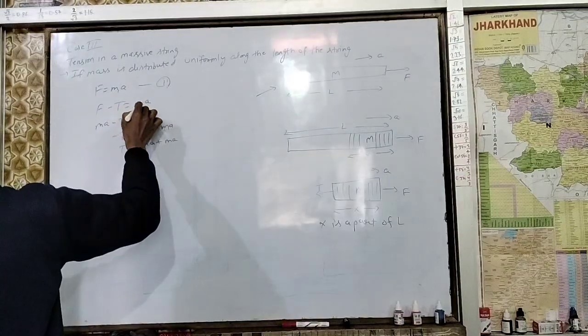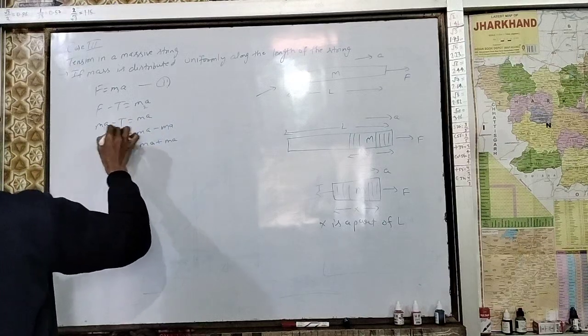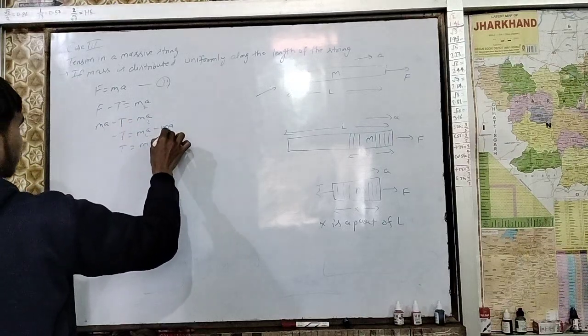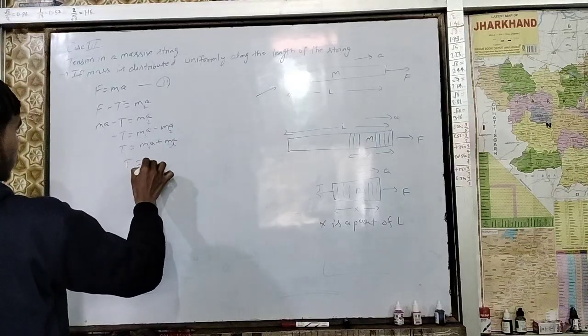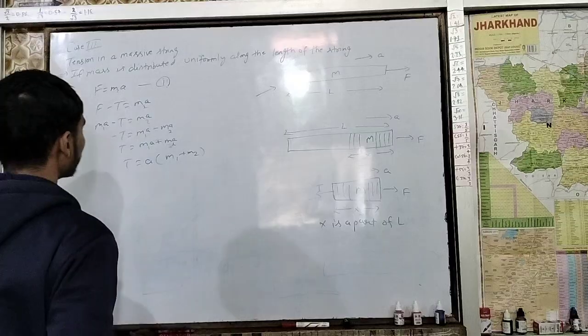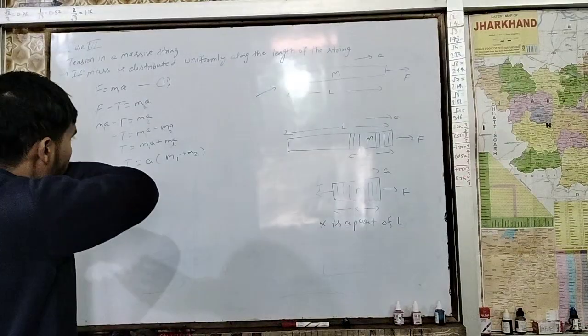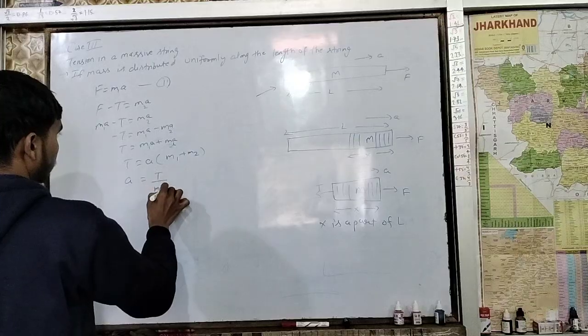Remember, it is m1, this m2, m1, m2. T is equal to a common, m1 plus m2. To calculate acceleration, we have simply A is equal to F upon m1 plus m2.